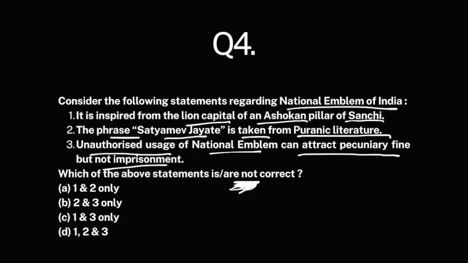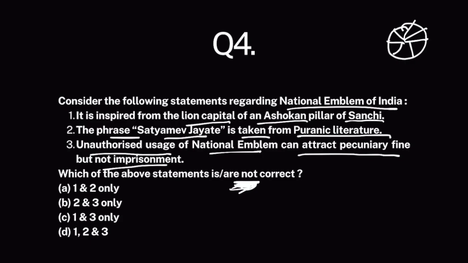Okay. Now you must have seen the national emblem of India: 4 lions, 3 in front, 1 in back. Then below that there is the Ashok Chakra, a wheel with 24 spokes, which is also seen in our national flag, right? And there are 4 animals below these lions.